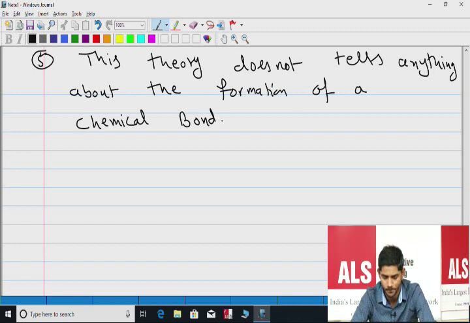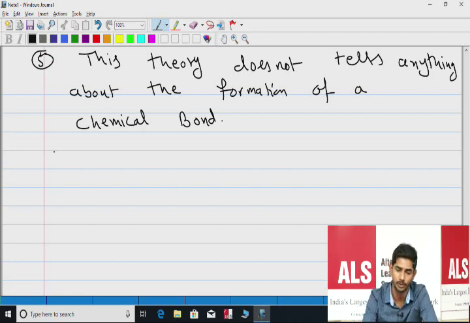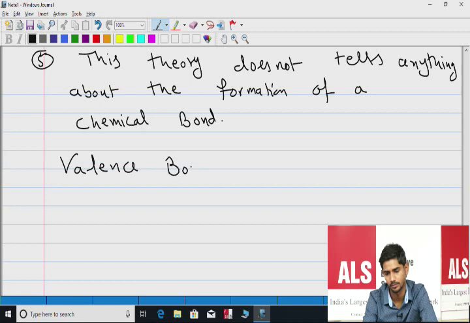After these drawbacks, we have to discuss a new theory which has overcome these kinds of drawbacks. The theory is valence bond theory.